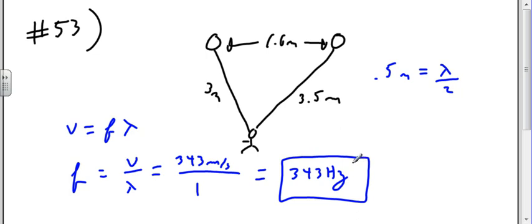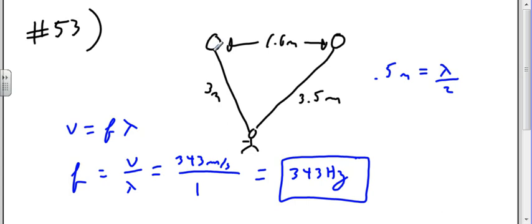Okay, the second part of the question, calculate 2 other frequencies that also result in destructive interference. All right. So I got 2 cycles, and this is 2.5. I have 3. Well, we could do it that way. Okay, so this was 1 cycle. This was 3 cycles, and that was 3.5. So that did it.